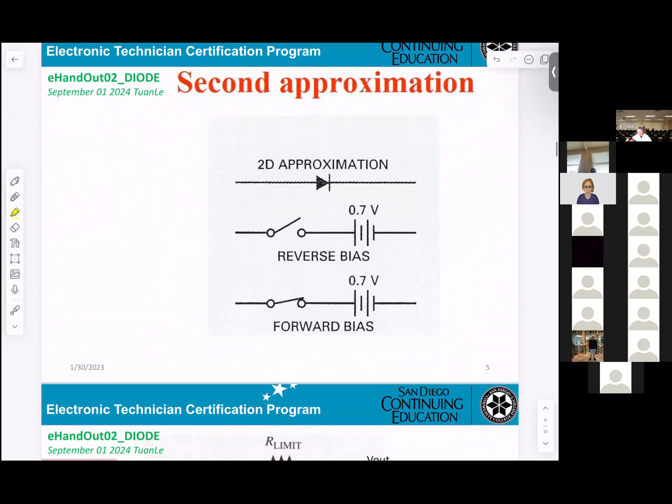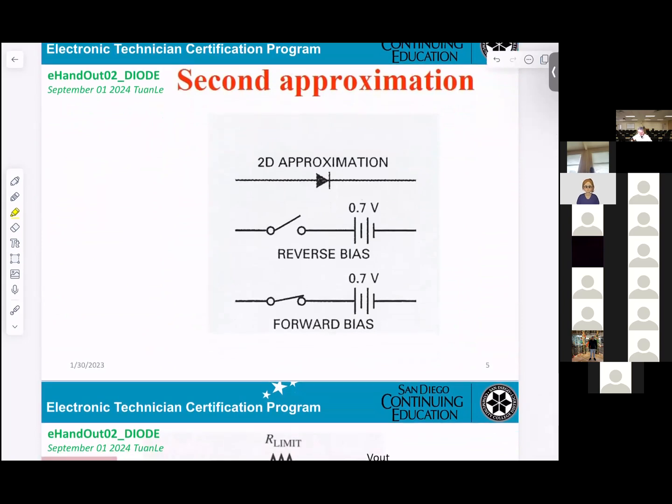Okay. Second approximation. This is basically the ideal, we don't care. However, this is the forward and reverse. When you say the diode is on, that means it conducts current.